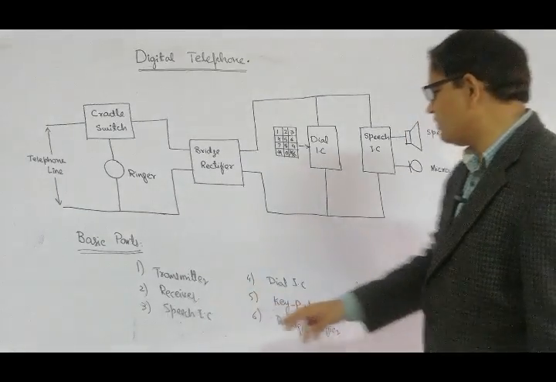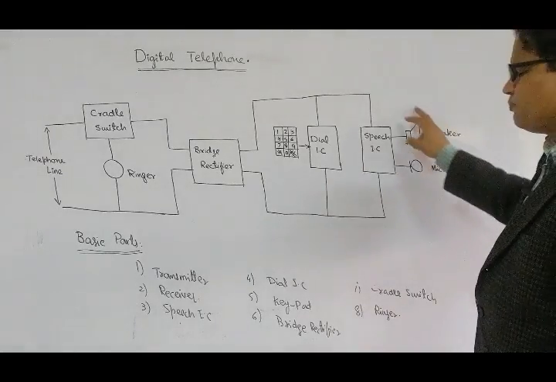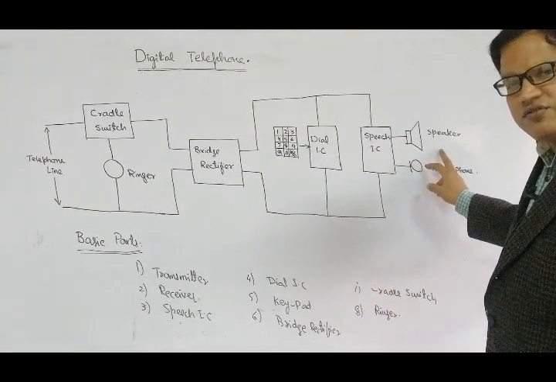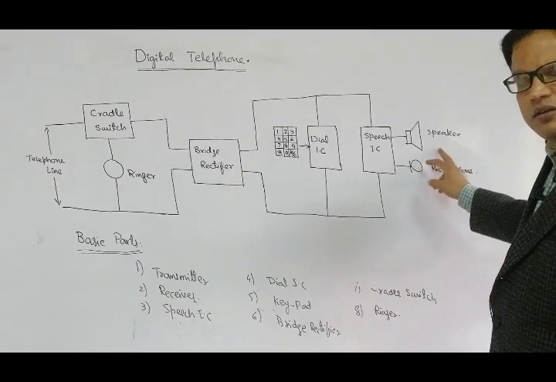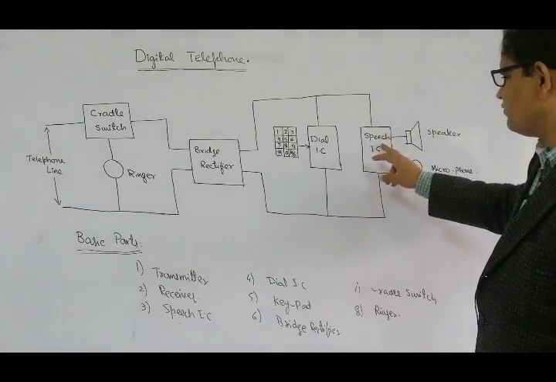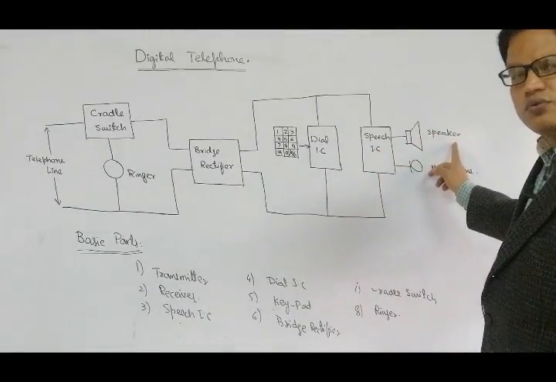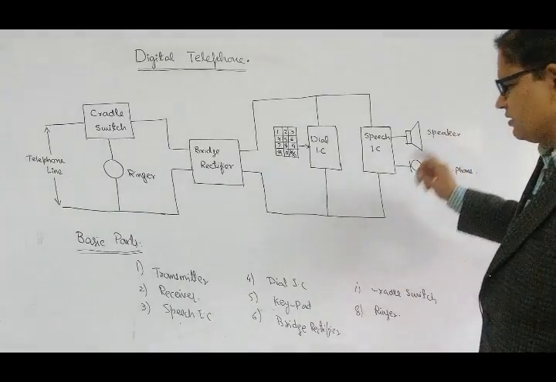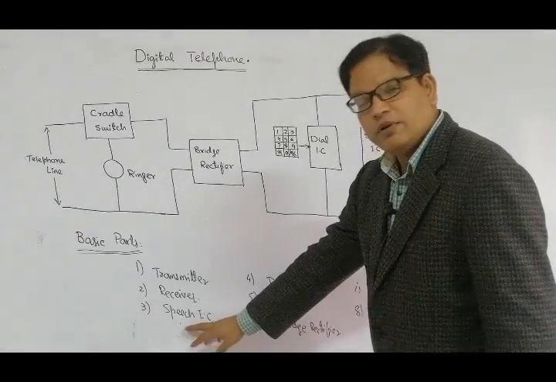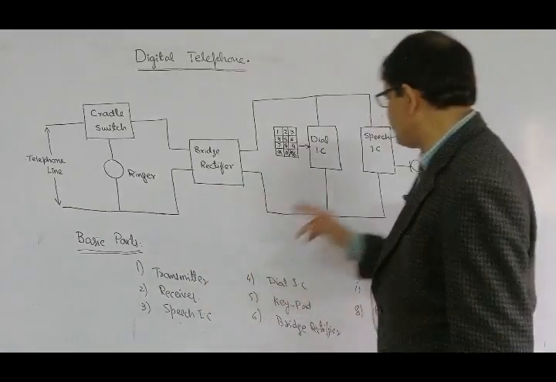The second one is the receiver. Basically, the speaker is used as the receiver. It is also a transducer because it converts electrical energy into audible energy or audible frequency. The third one is the speech IC.